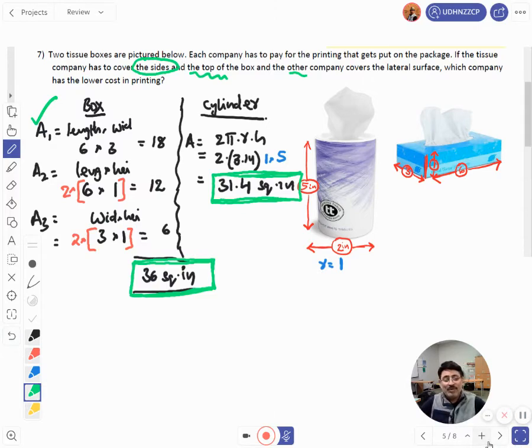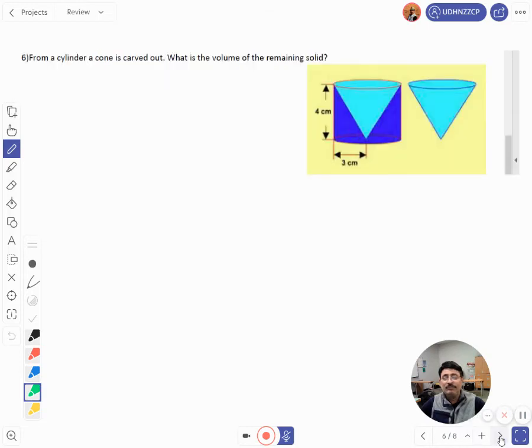Let's go to the next one really quick. Okay, this scenario, just let me use my manipulatives. First of all, this problem can be solved in two different ways. I'll take the easiest way.